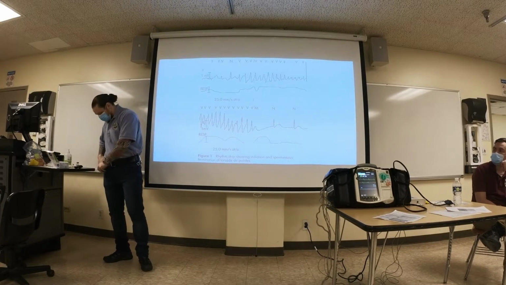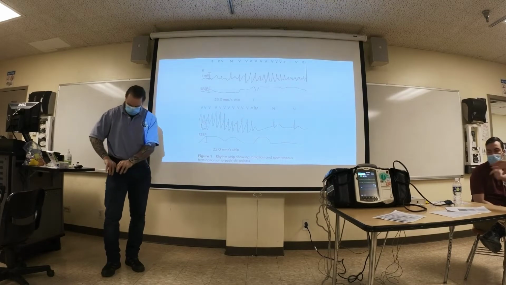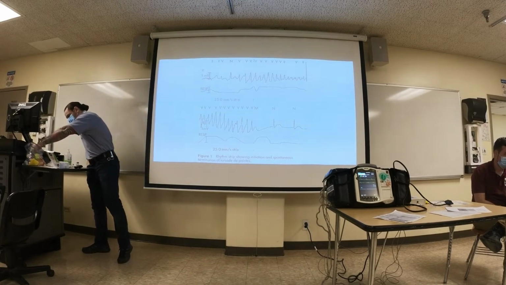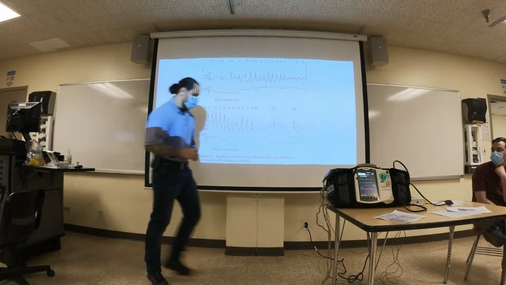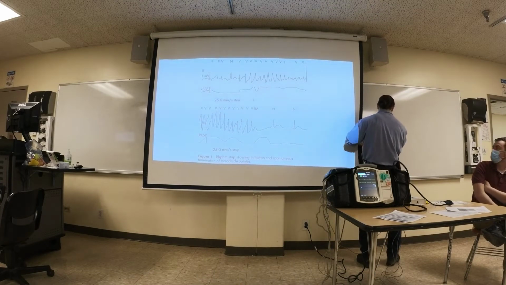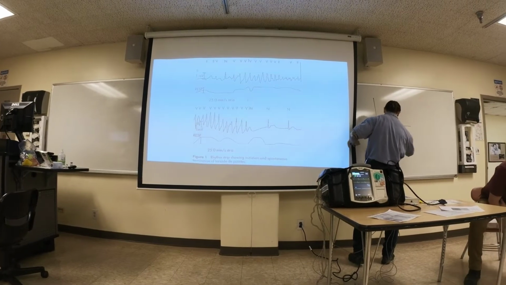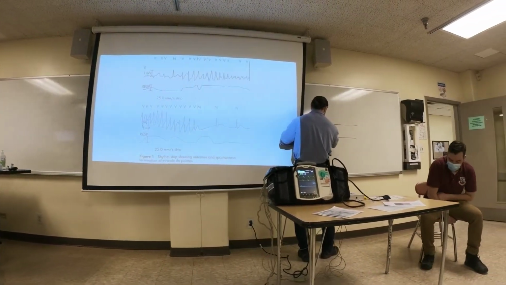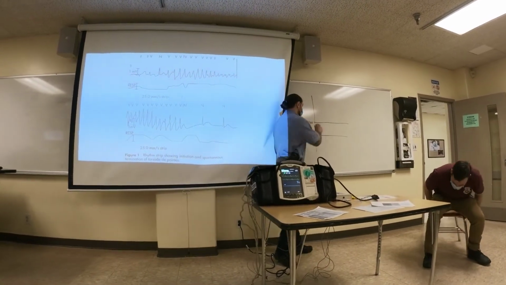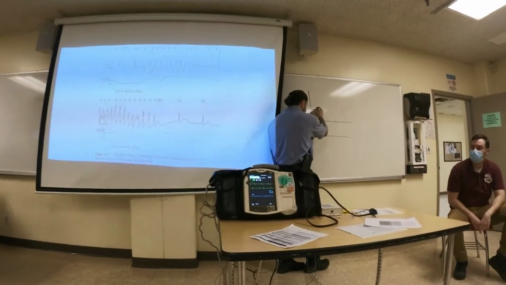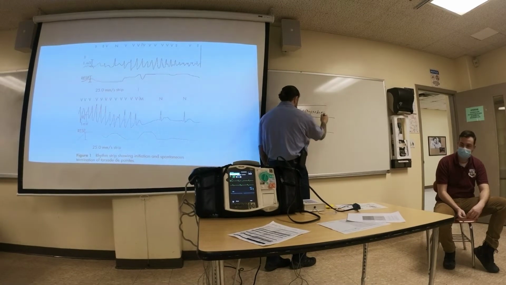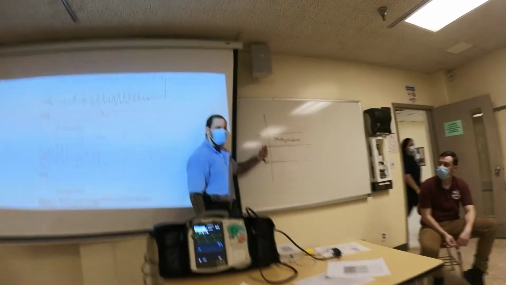Sometimes they break down the rhythms into these categories. I'm just going to write this down so you're familiar. Normal heart rate is about 60 to 100. From 100 to 150 are your basic tachycardias.